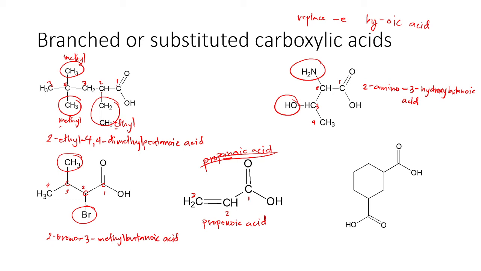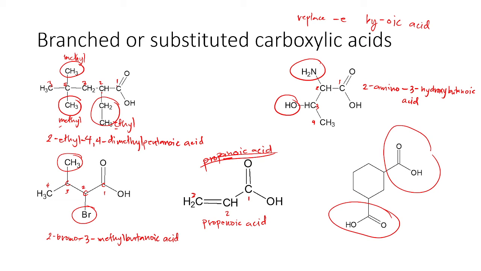Okay? And for this last example, ito yung mga examples na medyo nakakainis tingnan. But basically, as you may see here, we actually have here 2 carboxylic or carboxyl groups. And for this one, we call this a dicarboxylic acid.